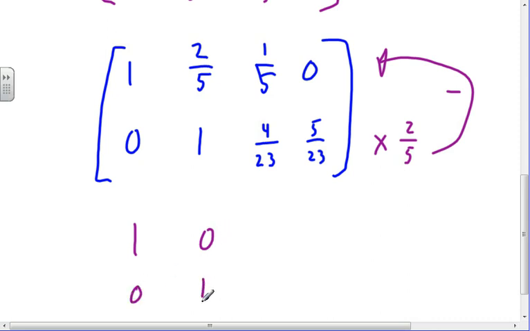I'm going to have a 0, 1, 4/23, 5/23. And now we're pushing the envelope of our ability to do the math, right? So I've got 8/115, and I'm subtracting it from 1/5.